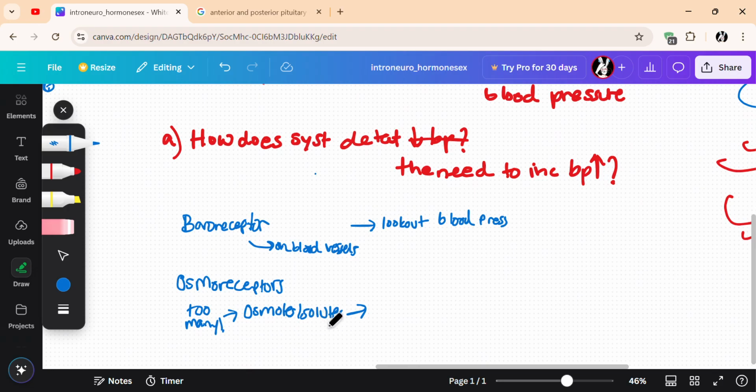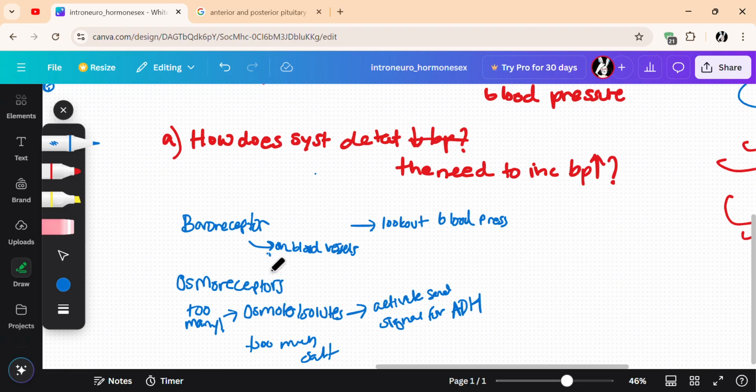If we have too much solute, say for example, too much salt, we want more water, we want to increase the blood pressure, so we're going to activate or send a signal for ADH, which also goes by vasopressin.